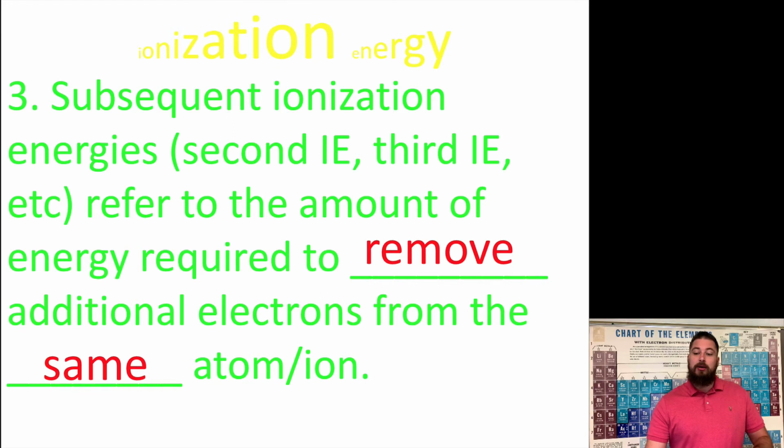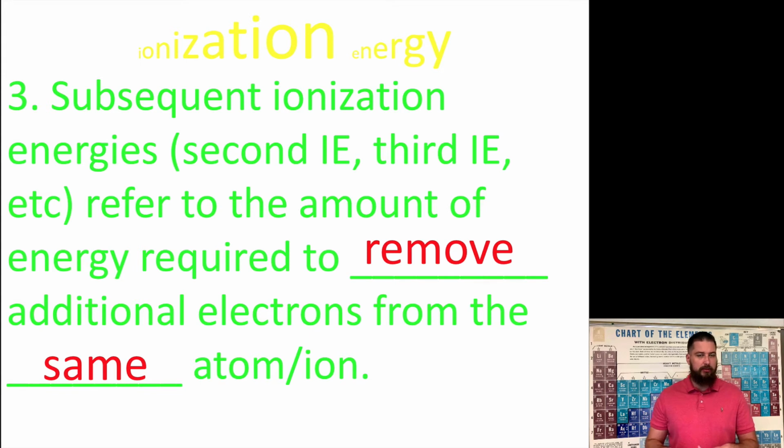All right. The other thing, too, is when you remove an electron, it requires a certain amount of energy. If you remove a second electron from the same element, it'll require more energy to remove that second electron than the first one.